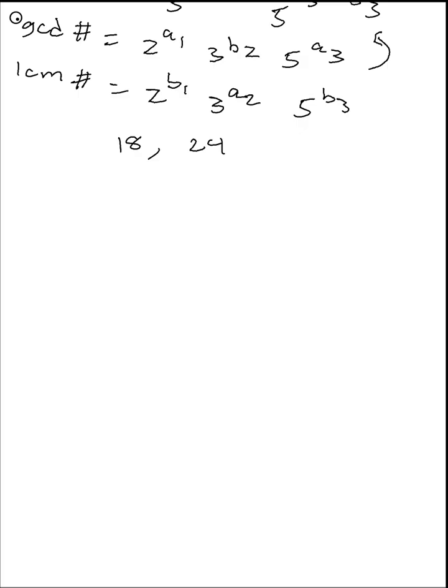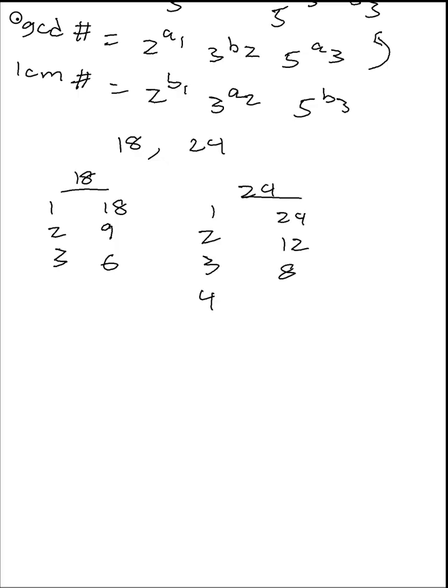Alright, now that you're back, let's discuss how we can find them. So first, we can do the guess and check method, and then we'll do the prime factorization method. So for 18, we have 1, 18, 2, 9, 3, 6. And for 24, we have 1, 24, 2, 12, 3, 8, and 4, 6.